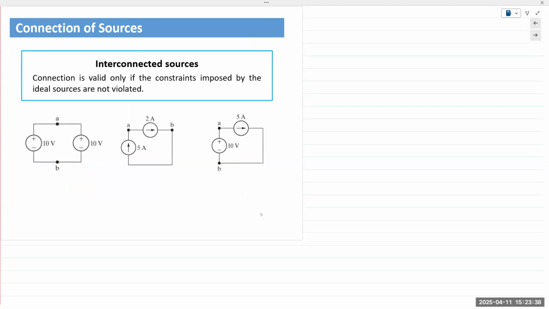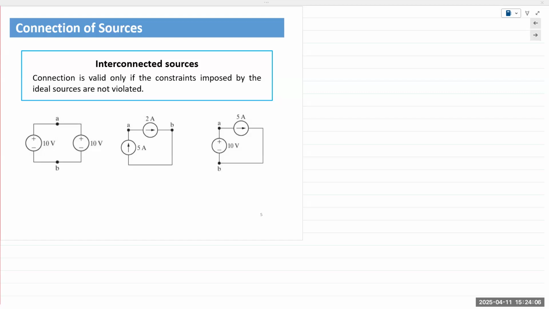Okay, connection of sources. Again, fundamental concepts to show if we connect independent sources together, whether the connection is valid or not. So two things to keep in mind. A voltage source will supply its rated voltage between its terminals.